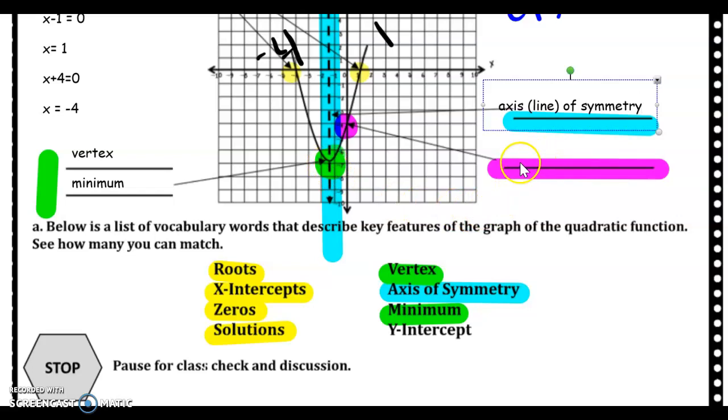Okay, the purple one is what we've seen many times. If you look right there, it is where it is crossing the y-axis. So our fourth key feature is our y-intercept. When we were doing that with linear functions, we would talk about the y-intercept as the beginning point in a real-world function. It serves that same function in quadratic, which we're going to see in the very next lesson.